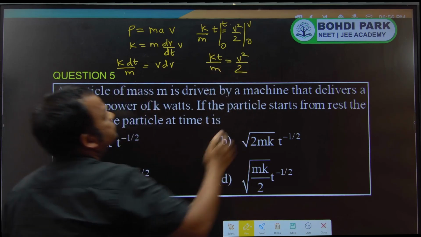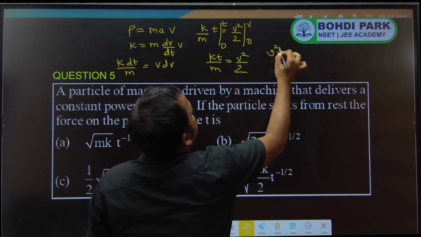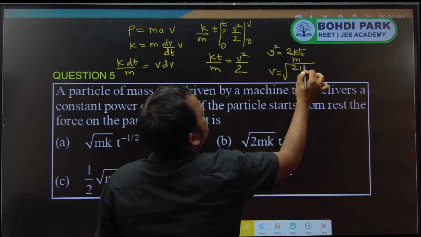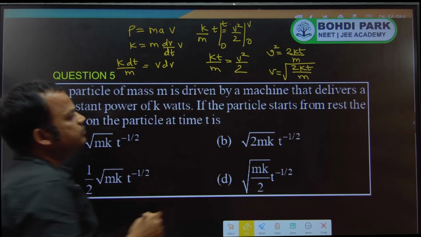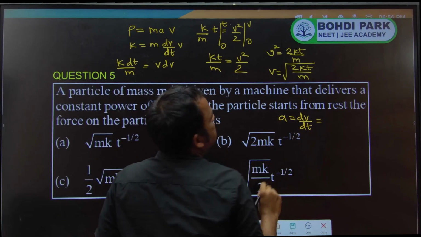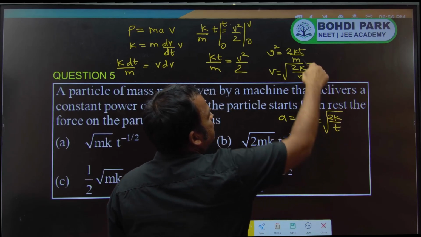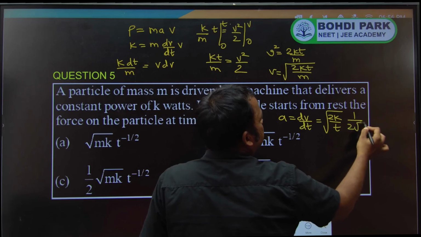Now find V. V square is equal to 2Kt by m, so V is equal to square root of 2Kt by m. This is V. Now find acceleration using the dV by dt formula. Acceleration is dV by dt. So this is square root of 2K by m, then square root of t. Root t differentiation is 1 by 2 root t.